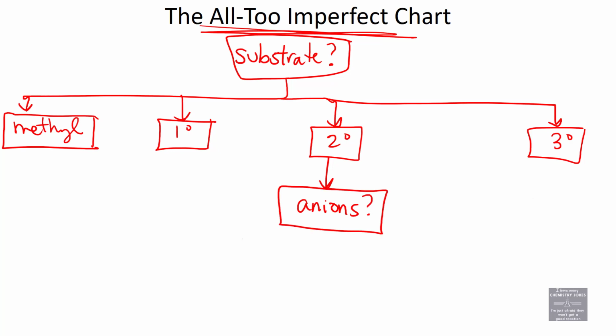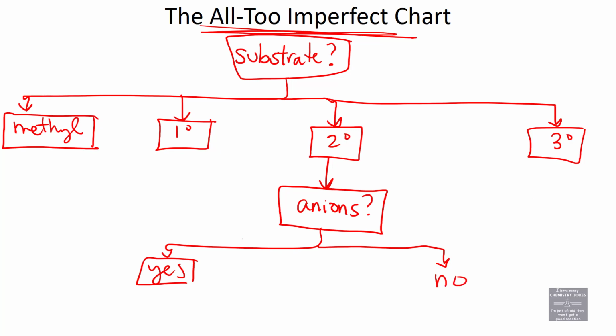Having anions likely leads you away from a carbocation. If the answer is yes, you're probably going to go down a 2-path. If the answer is no, you're going to make carbocations and do SN1, E1. And the favored path is generally SN1, but if you turn up the temperature, you can get some E1.